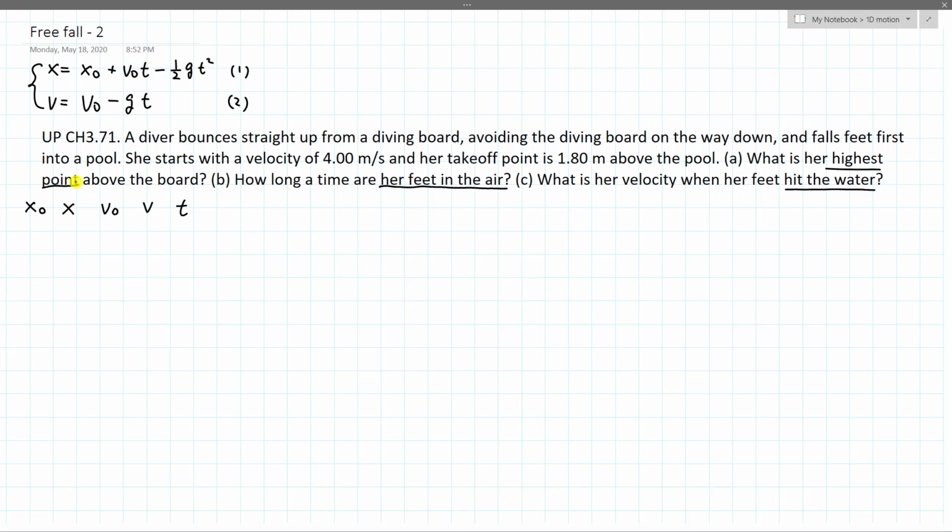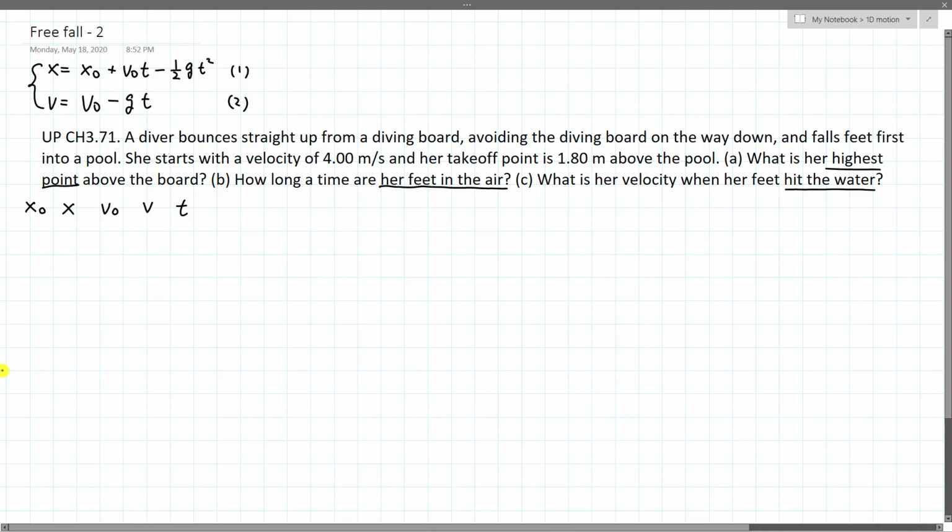So let's draw a diagram to help us understand what's going on here. So here's a diving board, and well, let's draw her tall enough. Trying to jump off, taking a pose.